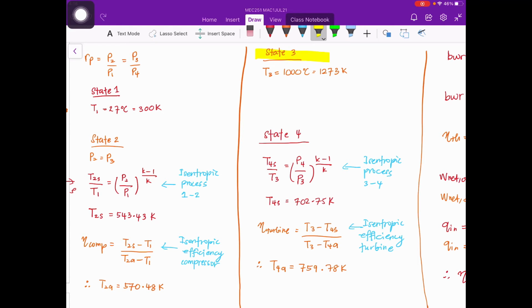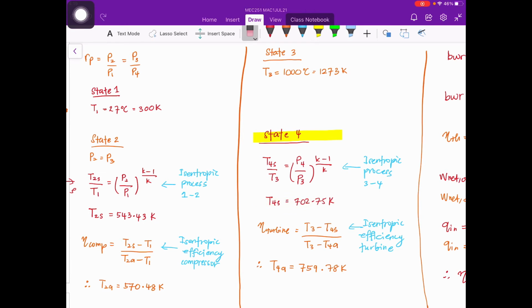For state 3, the temperature has been given by this question, which is equal to 1000 degrees Celsius. And do not forget also to convert this into unit Kelvin. For state 4, we are going to determine the temperature for state T4S by using the isentropic relation for the process 3 to 4, which is across our turbine.